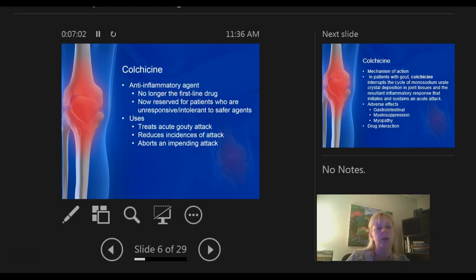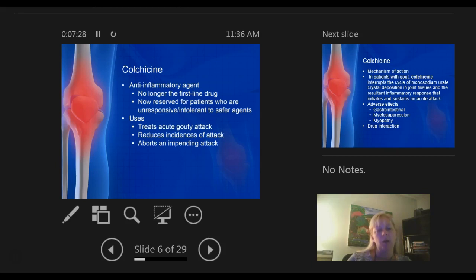So colchicine is another anti-inflammatory agent, no longer the first-line drug. Now, when you say colchicine, it's not an NSAID, so it does not fall into that NSAID category. It does not fall into the steroid category. It's just a separate category. It's an anti-inflammatory, and it's only used for gout, nothing else. And now it's really reserved for patients who are unresponsive or intolerant to the other agents.